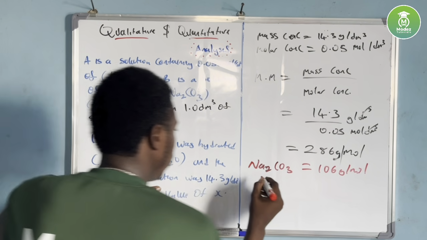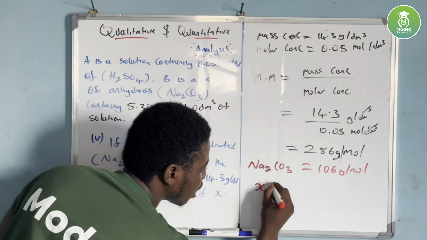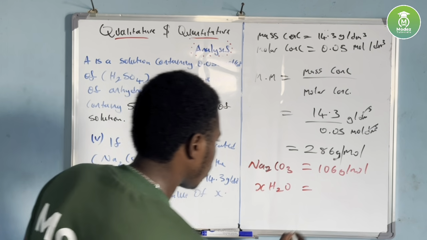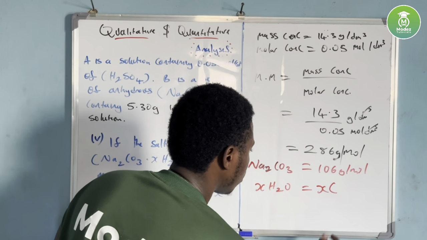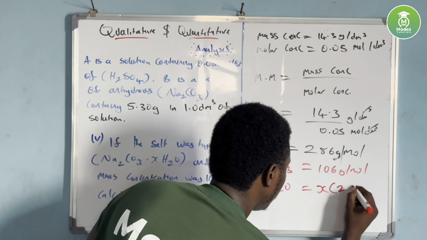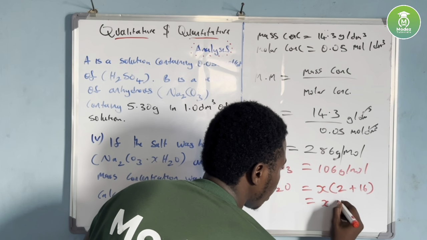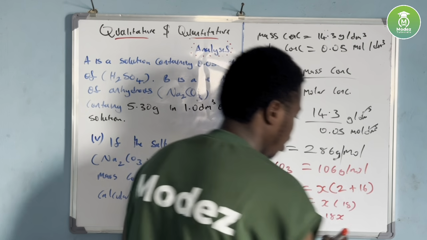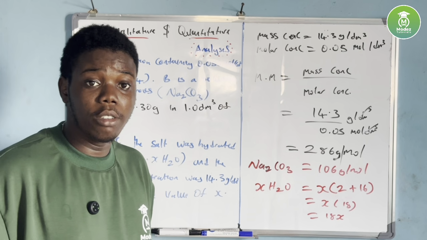Now we just need to look for the molar mass of xH2O, which should be x open bracket 2 plus 16. Do you get it? Which should be equal to x open bracket 18, which is equal to 18x. From chemistry to linear equation.